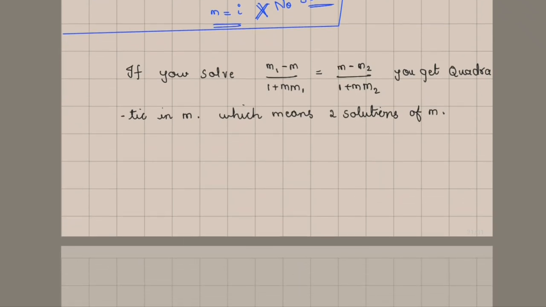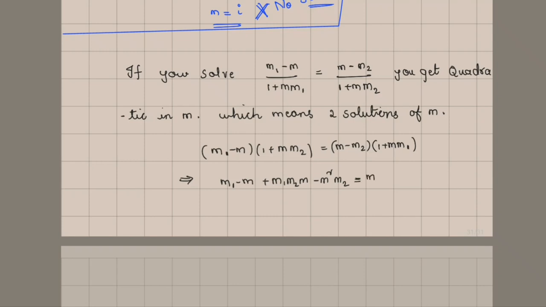If you see, we will solve this, which gives m minus m1 into 1 plus m into m2, which is nothing but m minus m2 into 1 plus m into m1, which gives m1 minus m plus m1 m2 m minus m square m2, which is equal to m minus m2 plus m m1 m2 minus m square m1.